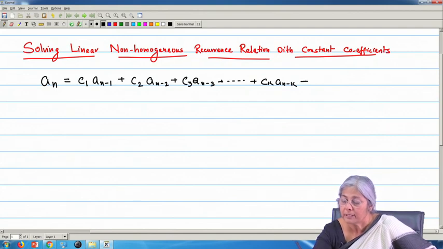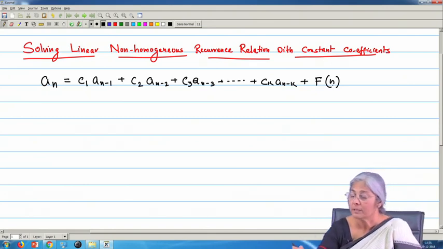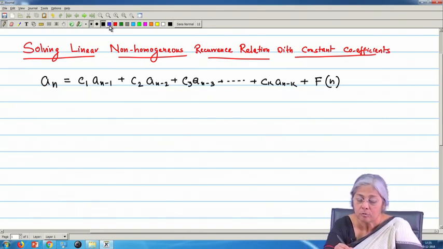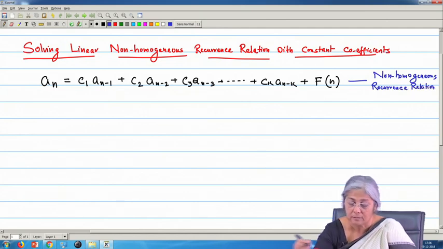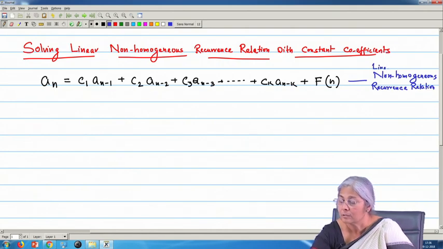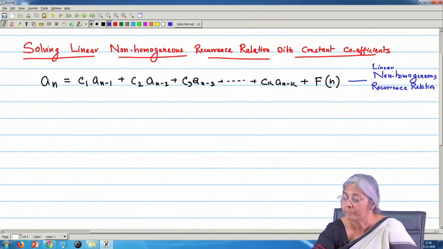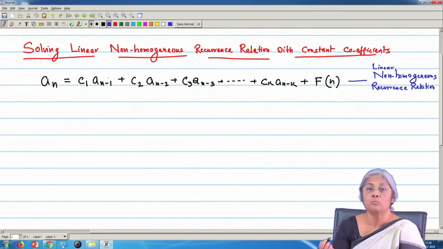Now, if I add a function of n here, then this becomes a non-homogeneous recurrence relation, linear, since the power of each term is 1.